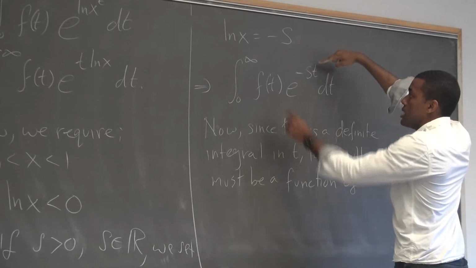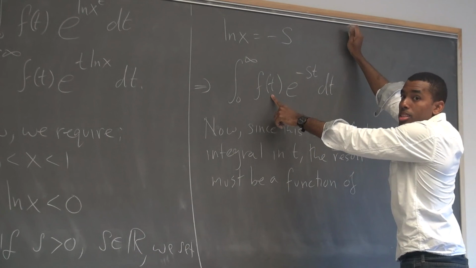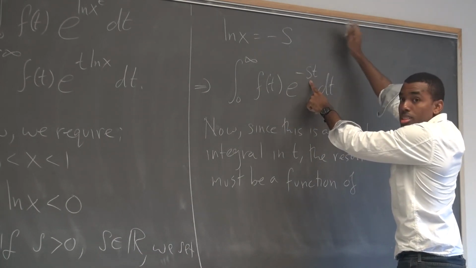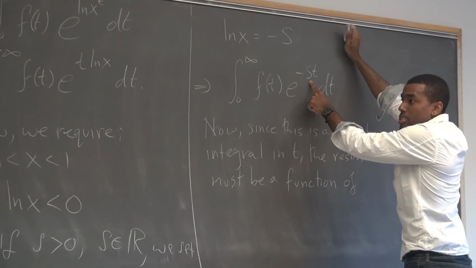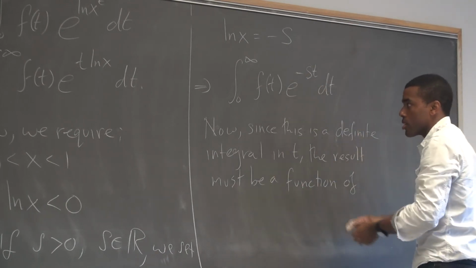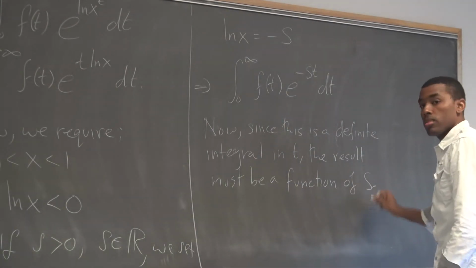I'm going to integrate this dt, right? Then I'm going to plug in the limits, which means what? The t's are going to disappear. But I have another variable here, s, which means my answer is going to have what? It's going to have s's in it, if it actually gives me something that converges and is non-zero. So this will be a function of s.